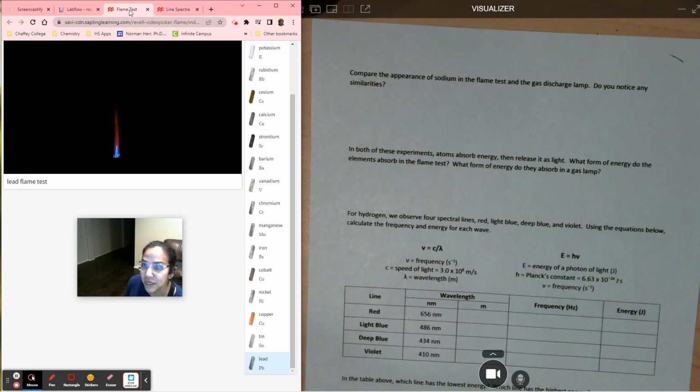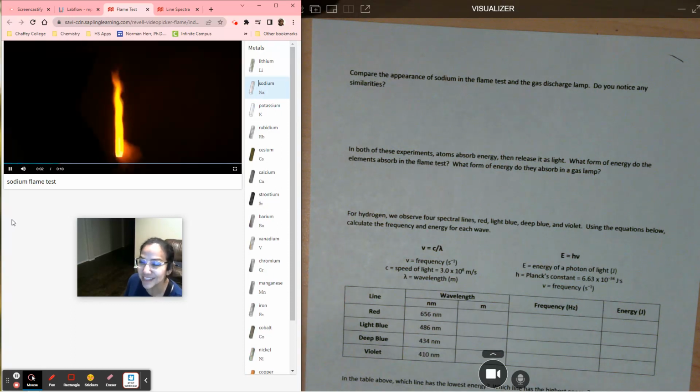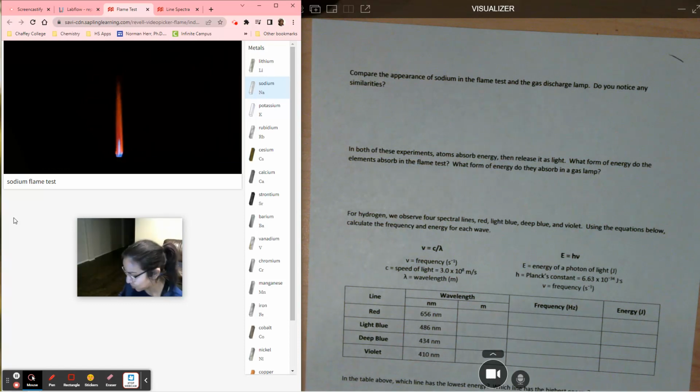All right, let's go to the flame test, and we're going to go to sodium. You see that same visible bright yellow color. So in comparing them, we notice that they are both yellow in color.